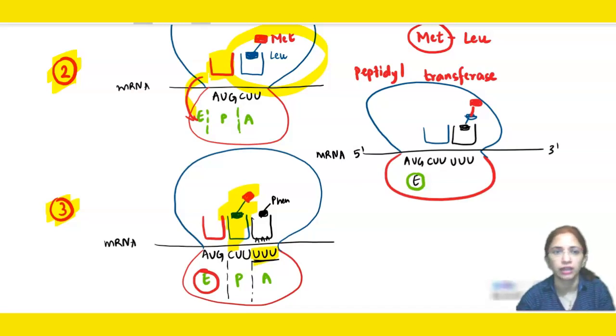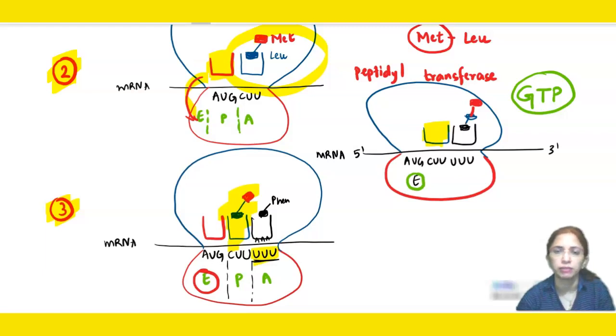Our tRNA at the P site has become vacant now. That means this is the time for the ribosome to move one codon ahead. When moving ahead, it will require energy. Remember, the energy will be given in the form of GTP. Once it moves ahead, the components of the A site will become the components of the P site.